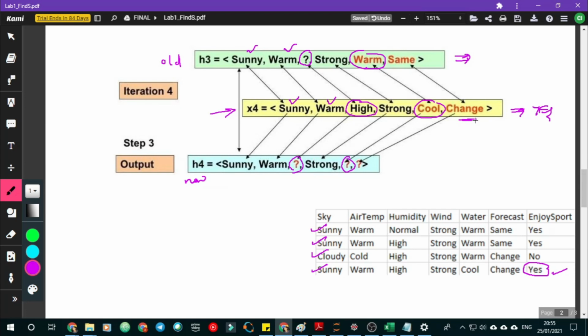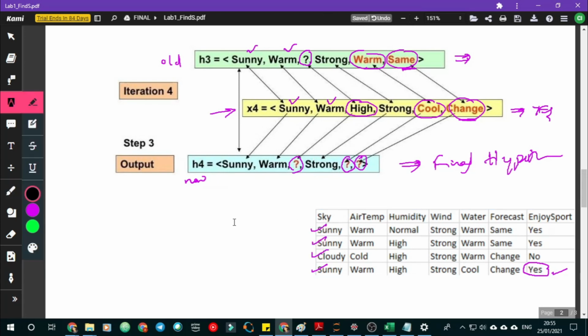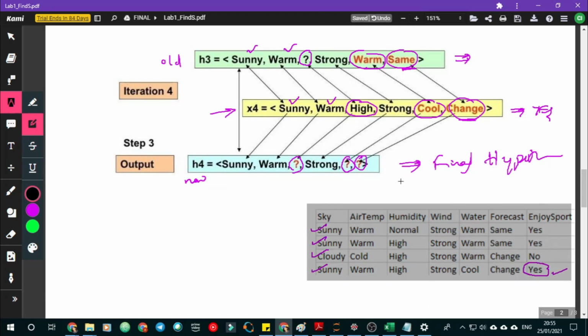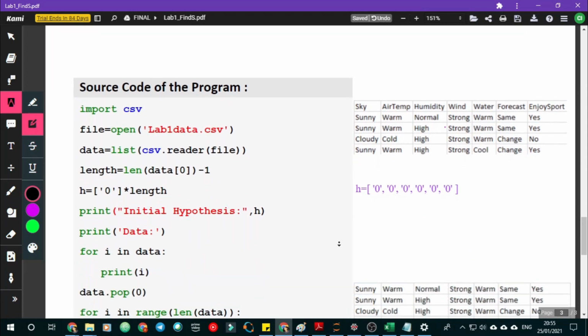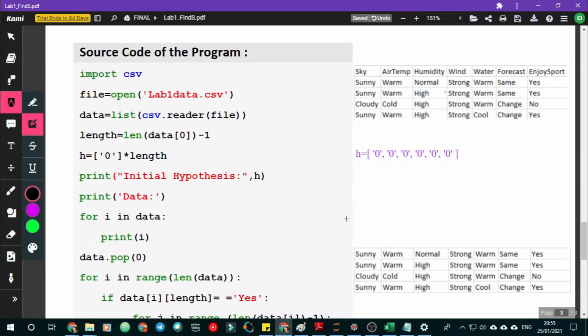Same, change, same: again both are different, so we make it general. So this is our final hypothesis after reading all these data samples of a data set. Now we'll move to the program source code of lab number 1.